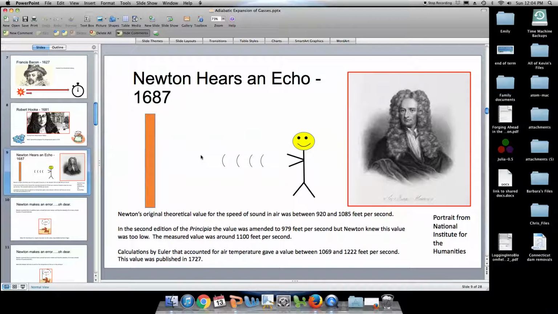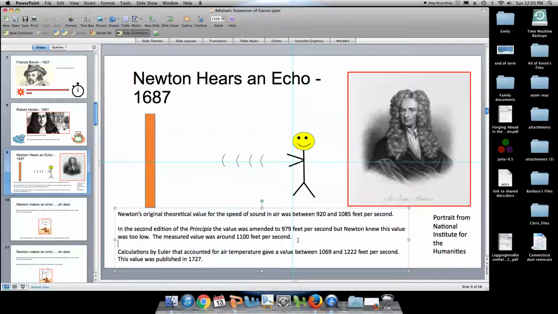So he got a theoretical value for the speed of sound in air between 920 and 1,085 feet per second. In his second edition of the Principia, he amended this value to 979 feet per second. But he knew that this value was about 20% low because the measured value of sound in air was 1,100 feet per second.